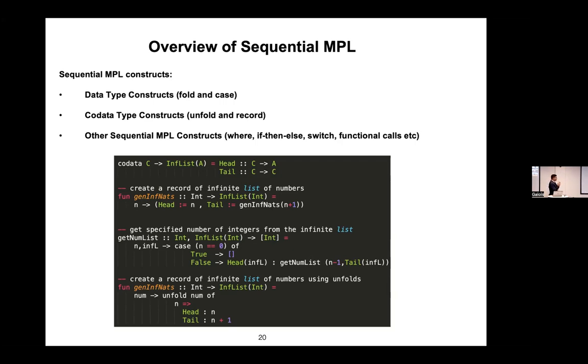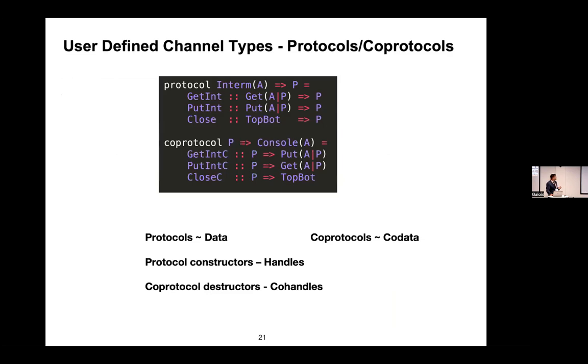Okay, so now we have taken care of the syntactic weirdness of folds and data types and codata types. We can look at what data types and codata types look like in the concurrent world. So we have defined a protocol called InTerm with a type variable A. And the syntax simply shows that it is akin to a data type.